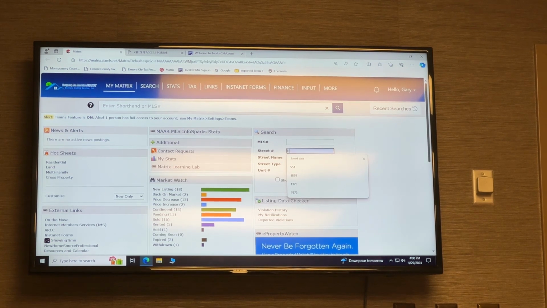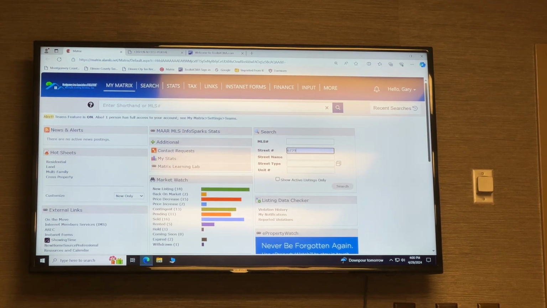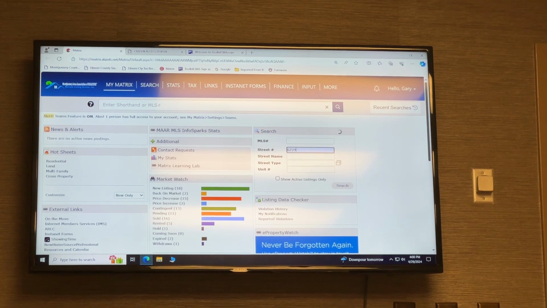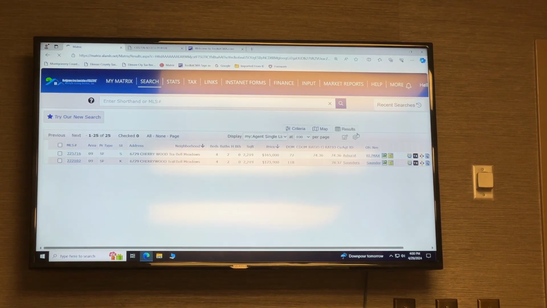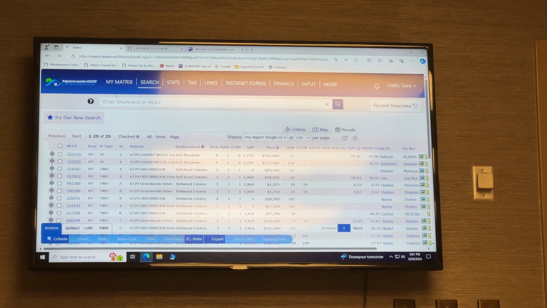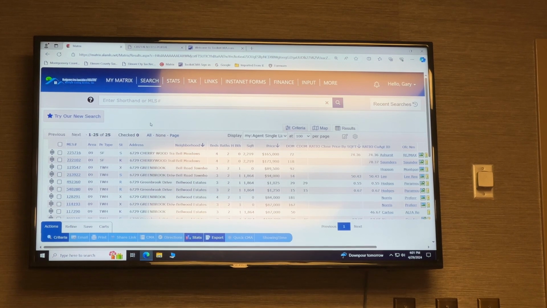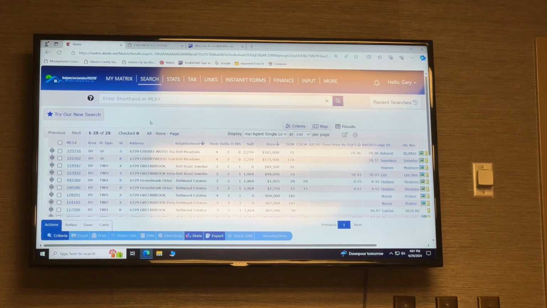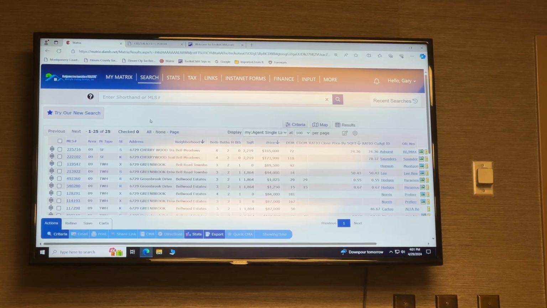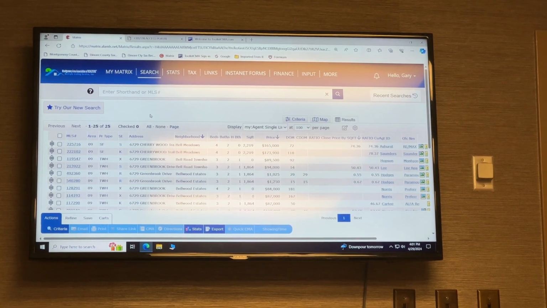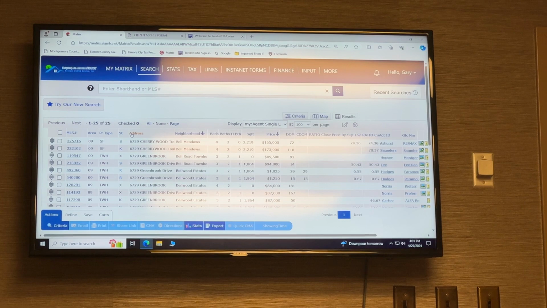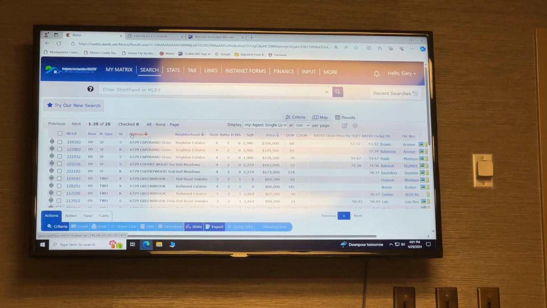I'm going to put 6729 in there and just hit enter. And everything that's been sold, whatever, in MLS, 6729, it drops right there. In this screen, you don't have to stipulate sold, actives, pendings, whatever. Everything's there. And I'm going to come in here and sort it.